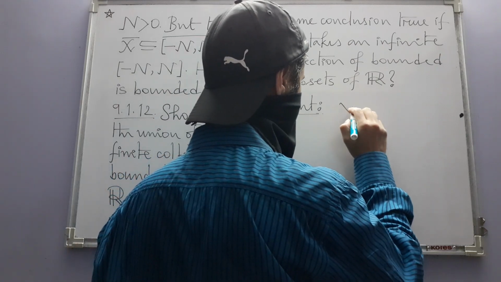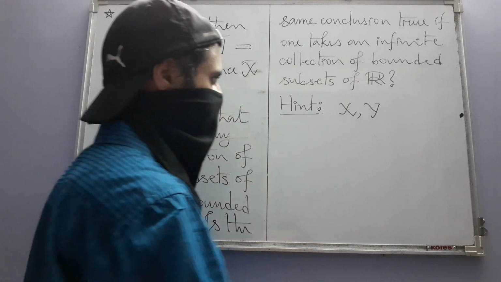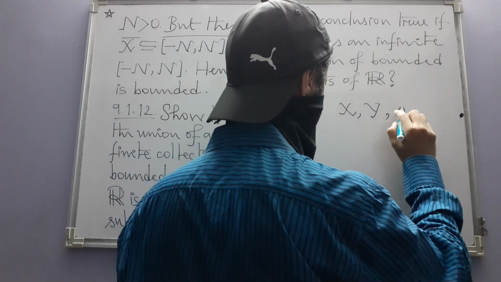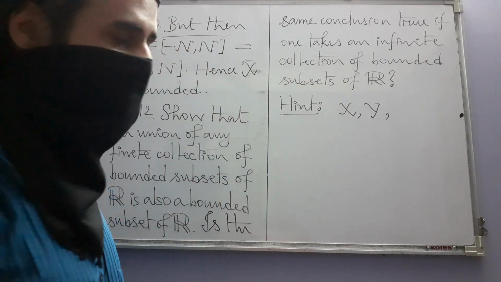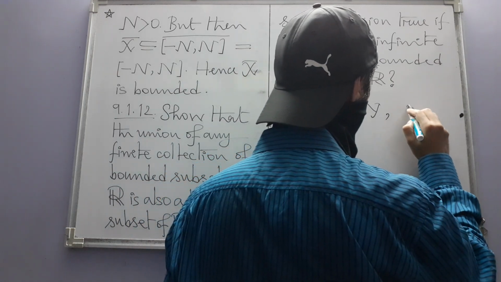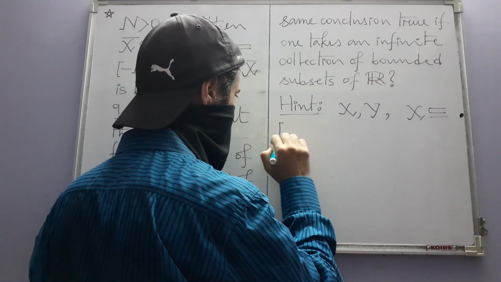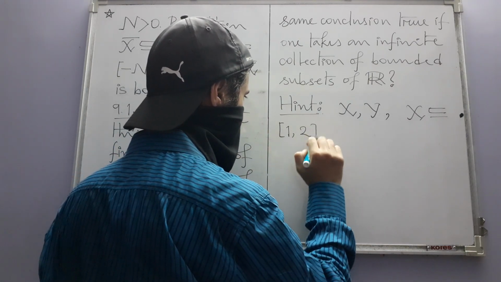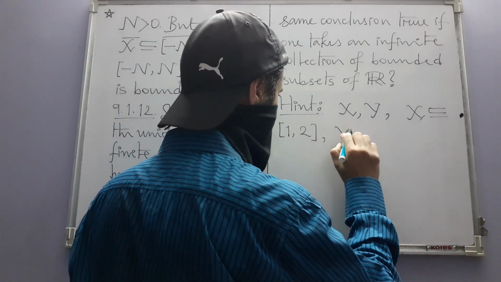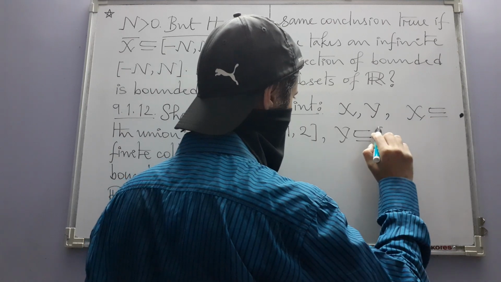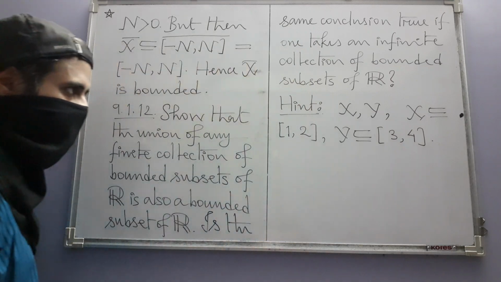Okay, so let x and y be two bounded subsets. That means x and y, each one of them, is contained in some closed interval as a subset. Now for specificity, let me just simply take some concrete closed interval, say [1, 2], say x is contained in this, and say y is contained in [3, 4].